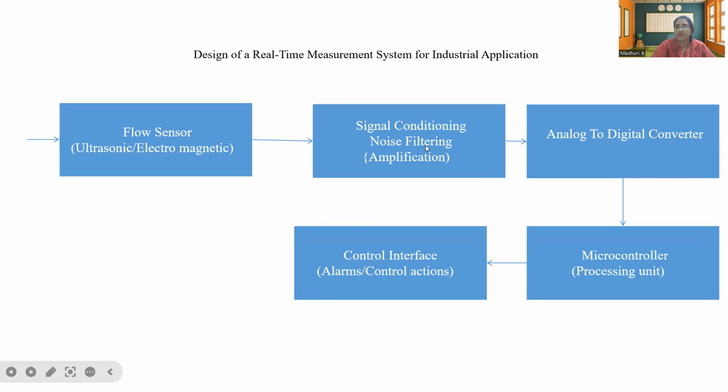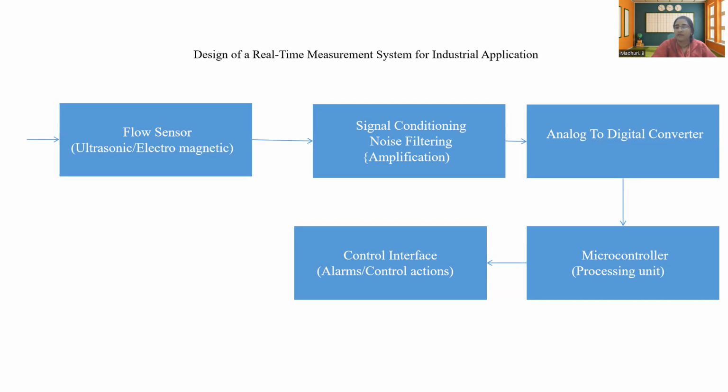Next comes signal conditioning, sometimes to reduce the noise or sometimes to amplify the signal, based on the requirement. Then the signal is given to the A to D converter, where it is converted into digital form. Later, further processing is done by the microcontroller, and then the control action is given based on the decision of the processing unit.